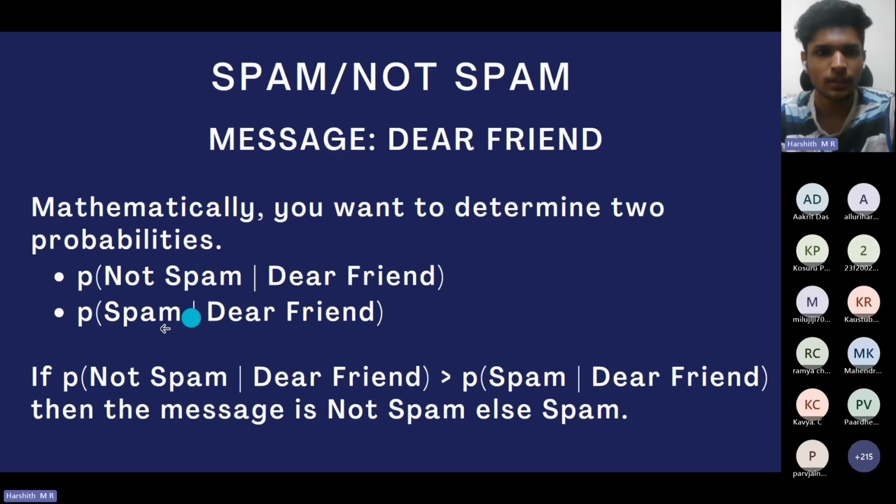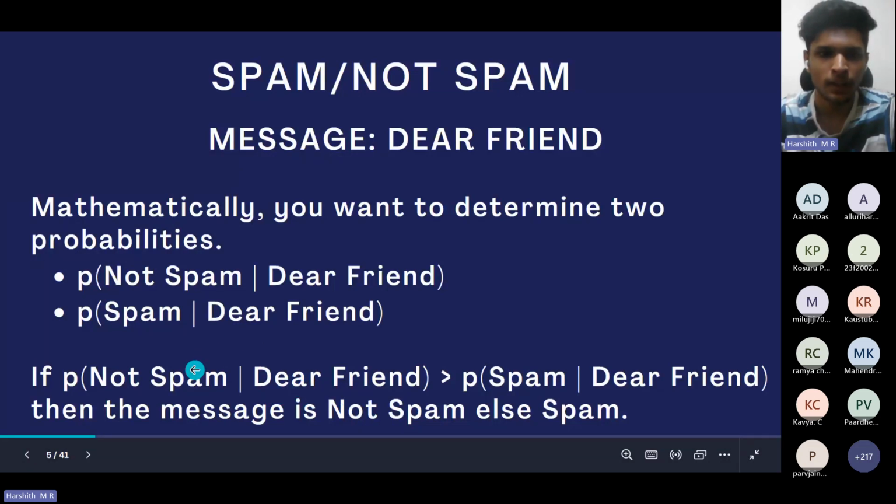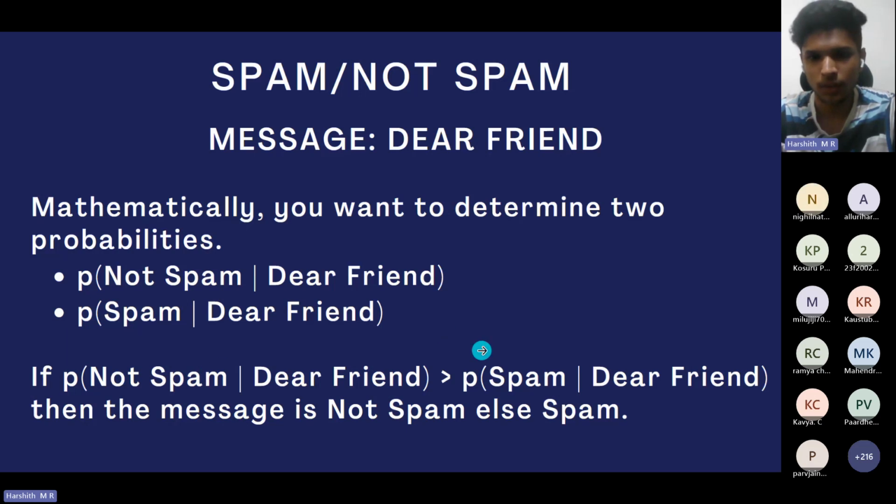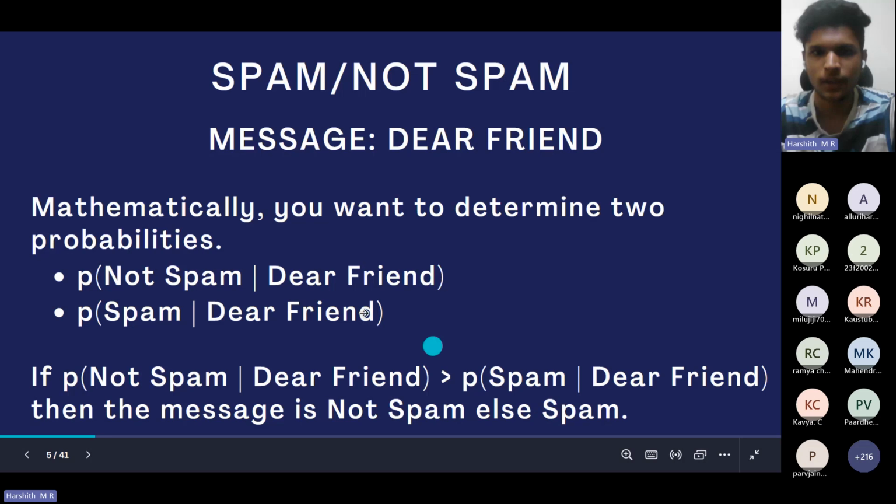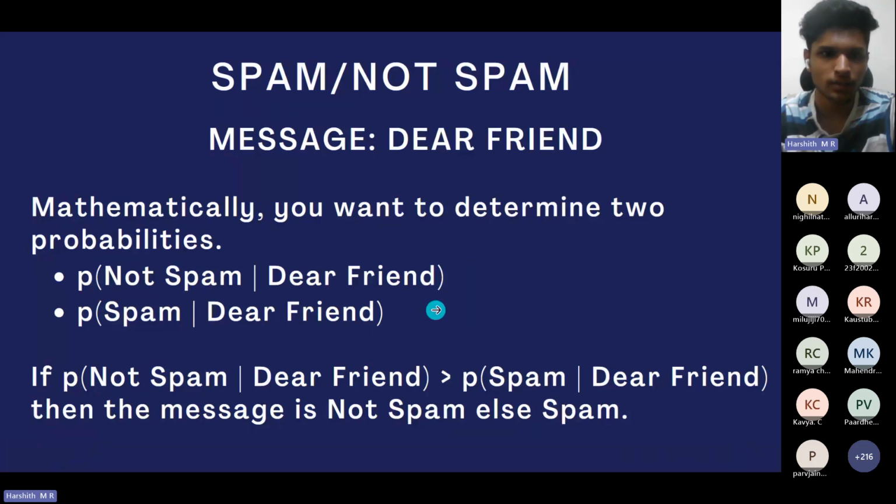When you determine these two probabilities, if the first is greater than the second, we'll classify the message as not spam, because the probability of the message being not spam is greater than the probability of it being spam. Else, we'll classify it as spam. So our multinomial algorithm will revolve around calculating these two probabilities.